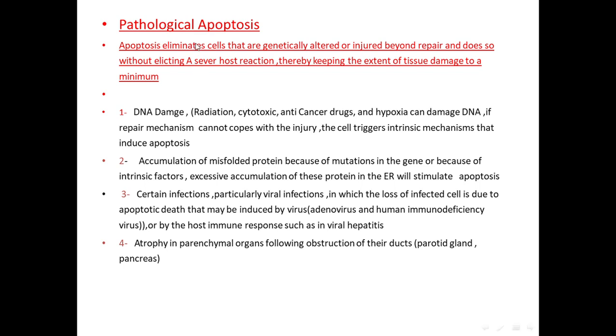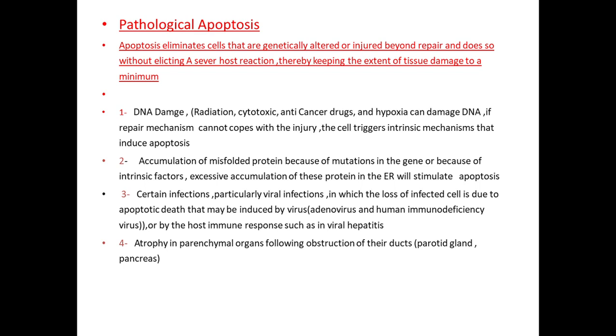Apoptosis eliminates cells that are genetically altered or injured beyond repair, and does so without eliciting a severe host reaction, thereby keeping the extent of tissue damage to a minimum.